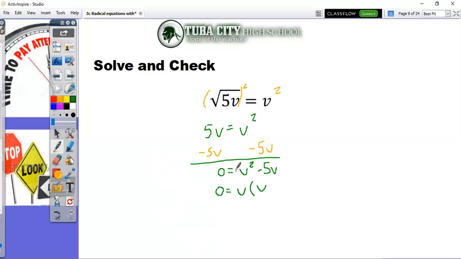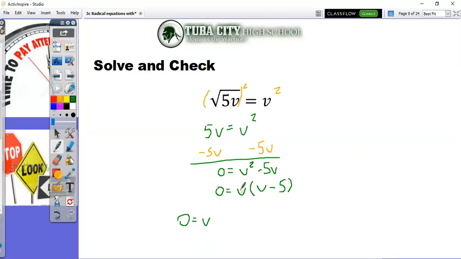And I'm going to factor them out using reverse distributive. So in distributive property, you give numbers. Here, I'm going to take numbers. So in this case here, if I were to multiply it back out, v times v is v squared, v times negative 5 is negative 5v. And I break it down into two separate equations using the zero product property.